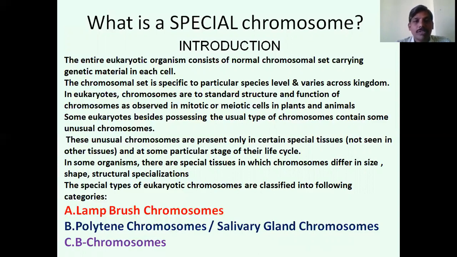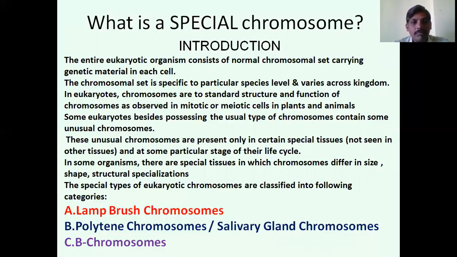In eukaryotes, chromosomes have a standard structure and function as observed in mitotic and meiotic cells in plants and animals. During the cell division process, the size, shape, and structure of the chromosome are seen clearly in the metaphase or anaphase stage.